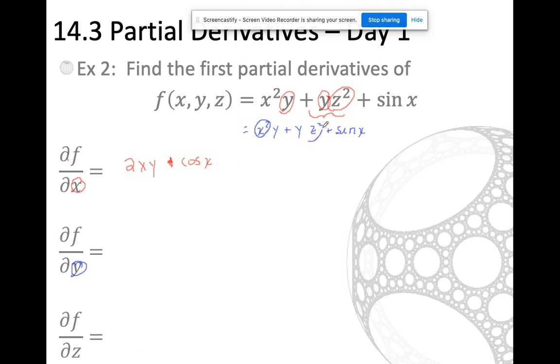Z squared is a constant. Sine x is a constant. So what is the derivative of y times a constant? That constant. What's the derivative of a constant? 0.